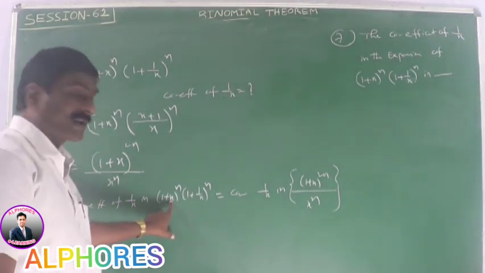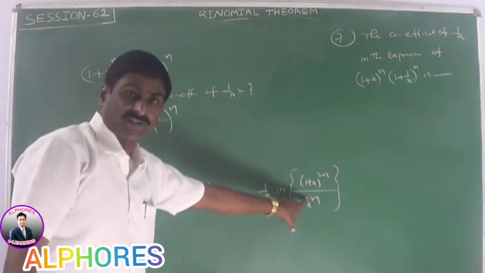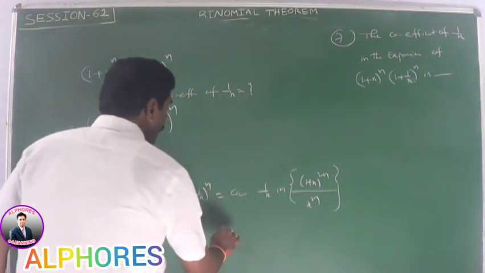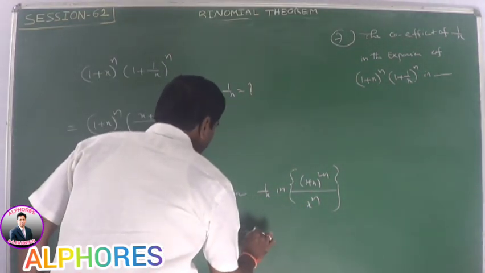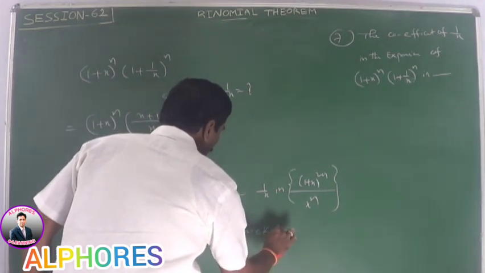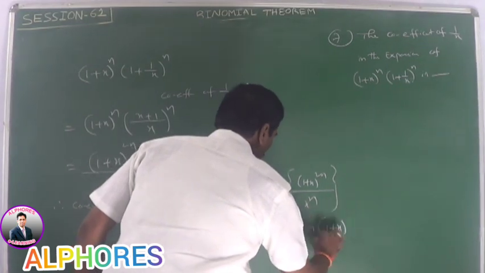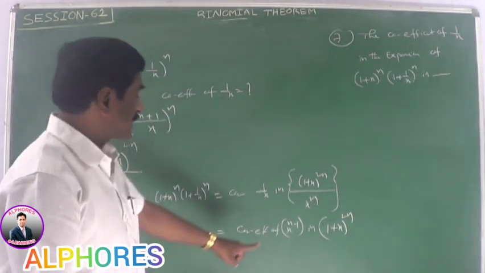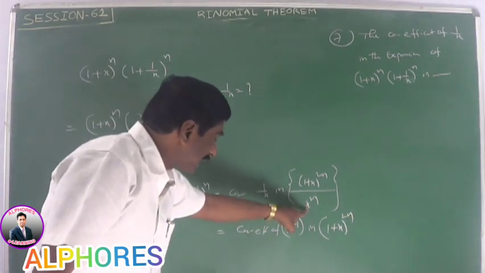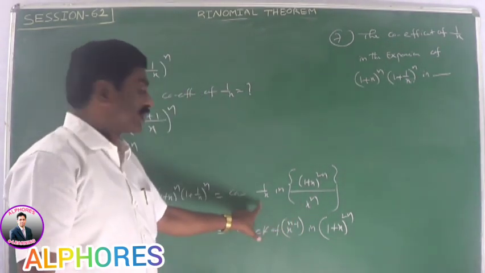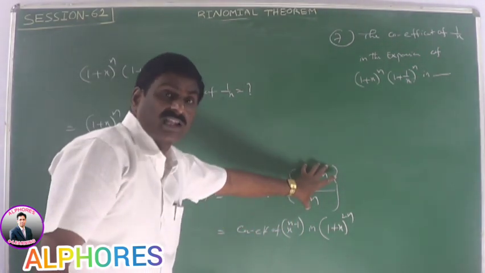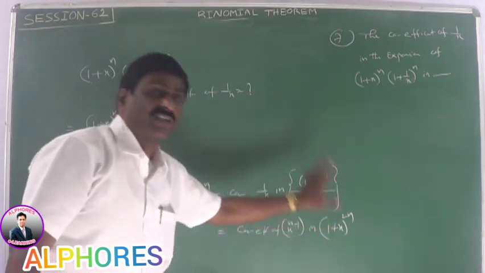The coefficient of 1 by x in this expression is equal to the coefficient of x power (n minus 1) in (1 plus x) whole power 2n. x power (n minus 1) by x power n means we get 1 by x. So the 1 by x coefficient of this value is nothing but the x power (n minus 1) coefficient in this value.